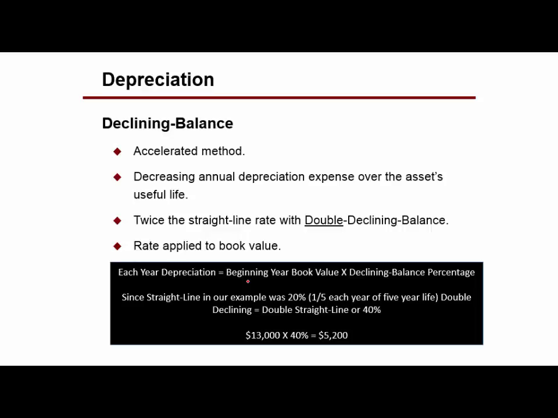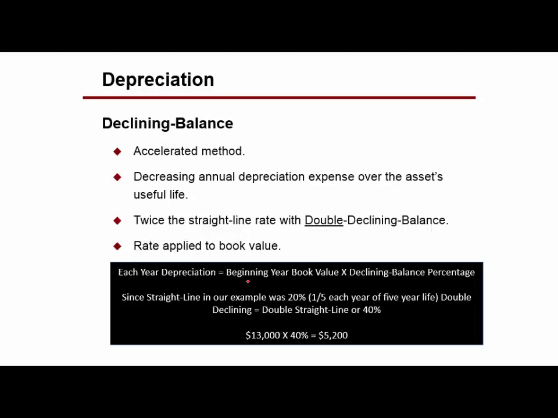What's 1 divided by 4? 4-year life would be 25%. If we wanted double, double declining balance would be 50%. With me so far? So instead of using 20 in this example, we're going to use 40% for our annual depreciation.